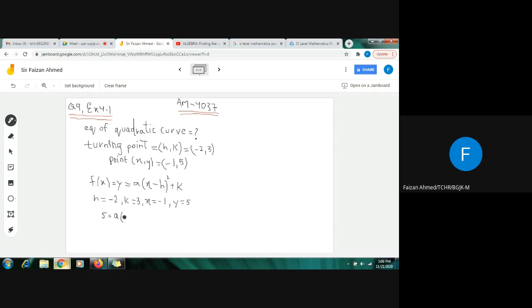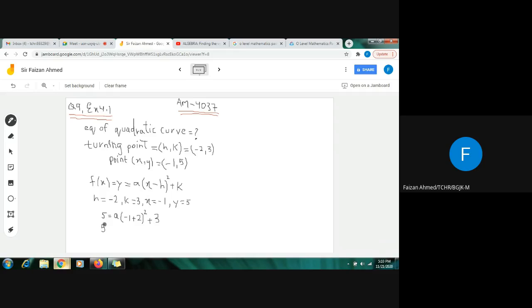I know the value of x, that is -1, and the value of h, that is -2. The minus of the formula and the -2 make a plus. So I write a(-1 + 2)² + 3, since k is positive. So I have just put the values, and 5 will be as it is.